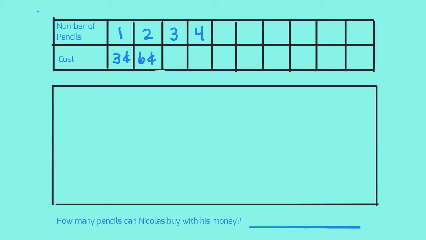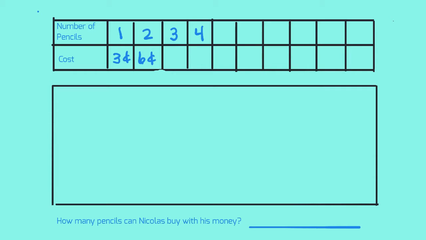We know, 1, Nicholas can buy a pencil for 3 cents, and we know that Nicholas has 22 cents, okay? And it's asking us to show, using a table, how many pencils Nicholas can buy with his money.